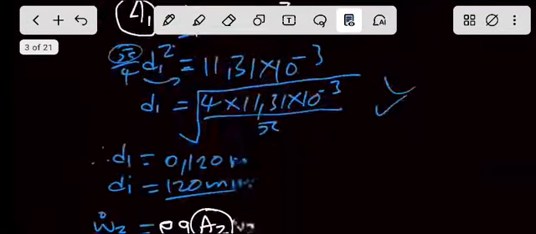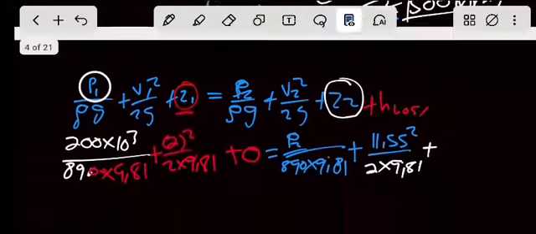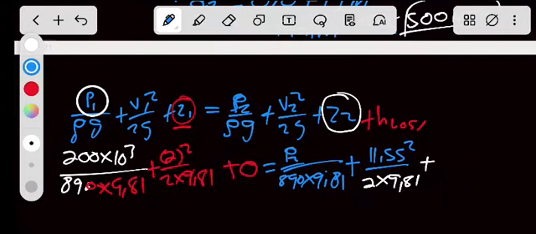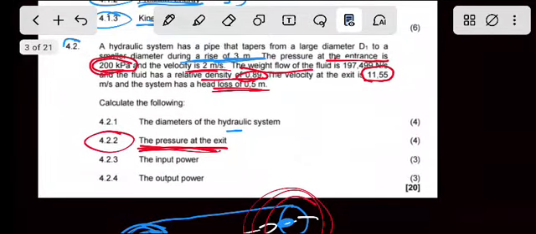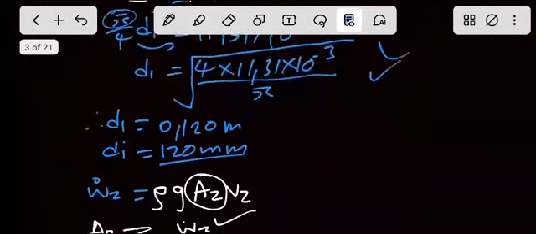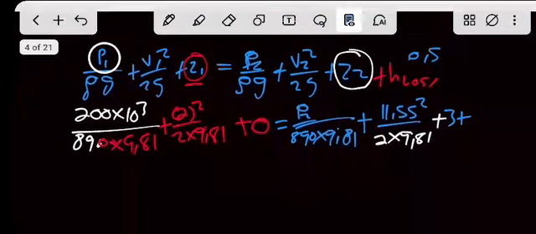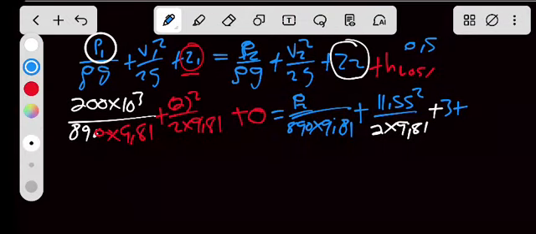So we have that the height there will be 3, plus the loss is 0.5. We've seen that loss here. If you don't believe, the head loss is 0.5.